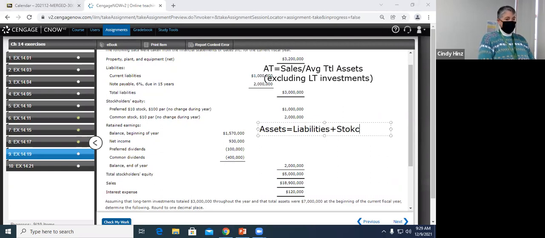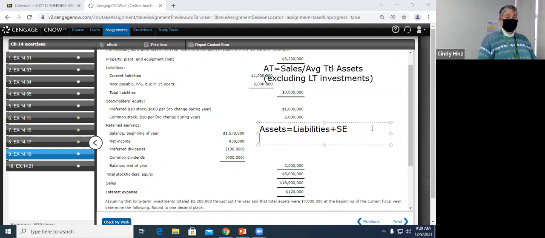You've known this formula for 14 weeks. Assets equals liabilities plus stockholders' equity. Unless I'm missing something, they're not giving us the total assets anywhere, so we need to find that.